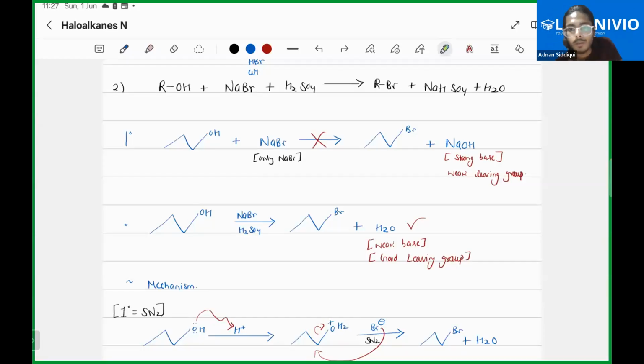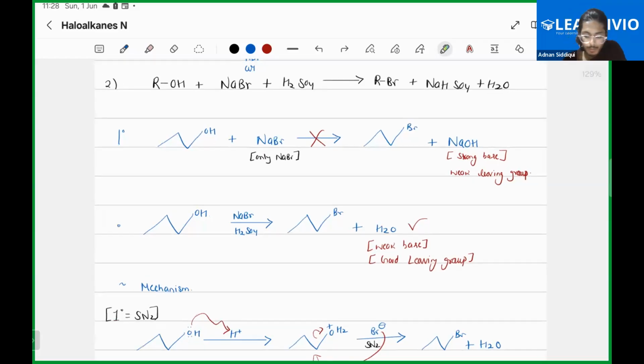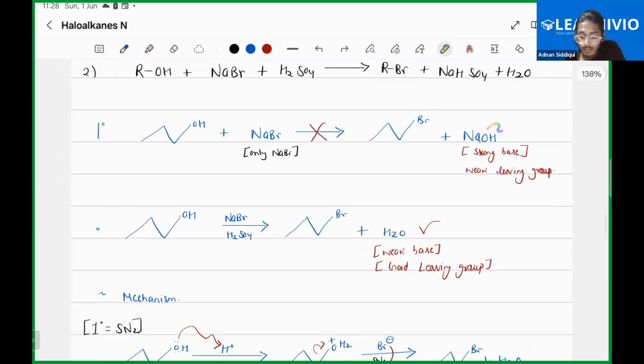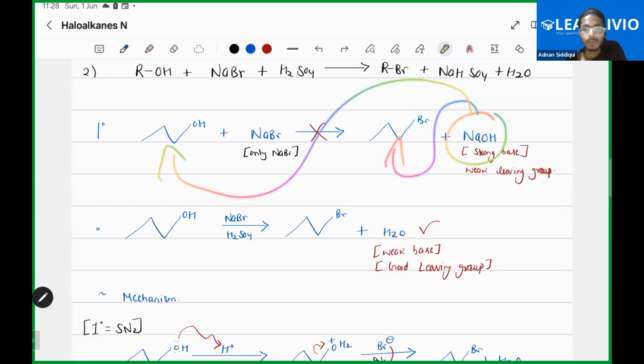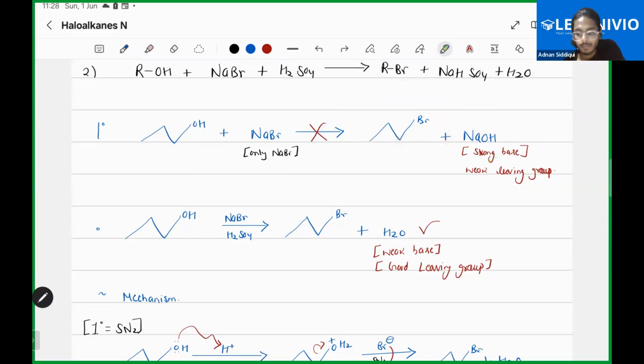So if I have to kick someone out, he should be weak, and by weak I mean a weak base. If it is a weak base, it is a good leaving group. If we are eliminating a species which is a strong base, then it will attack back and give us the same product. So we will avoid a reaction where the leaving group is a strong base. Is it making sense?